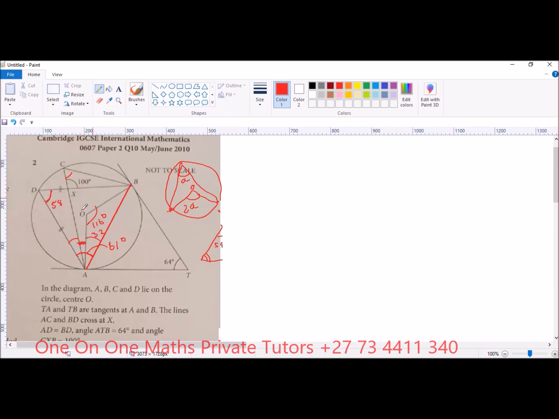All right, so how do we use it? Let's look at the information we have. So we have 58 there. Then this one should be 58. ACB is equal to AOB?